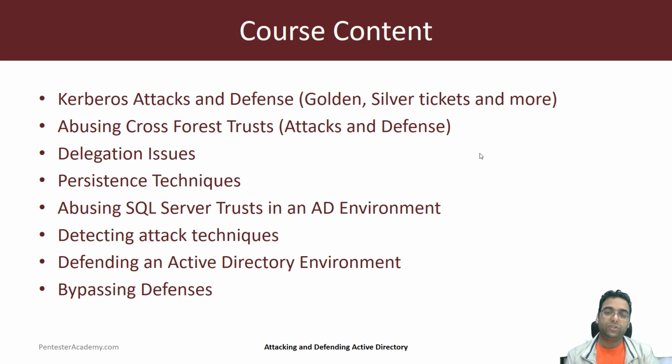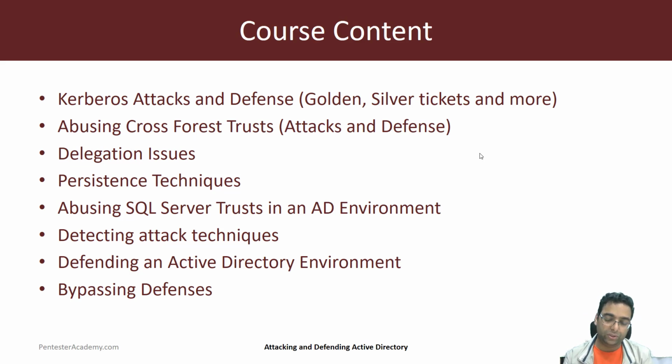Then we move ahead and we talk about Kerberos attacks and defense. That is some persistence techniques like golden ticket, silver ticket, skeleton key, abusing the DSRM administrator, abusing ACLs for persistence, etc. We have a look at Kerberos, variants of Kerberos when we talk about privilege escalation. So we'll step back a bit after persistence and see what other privilege escalation methodologies we will have.